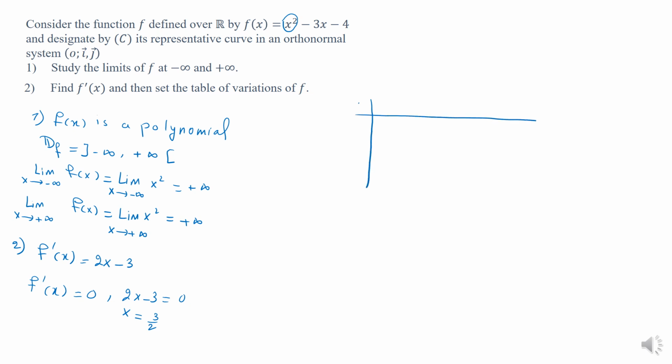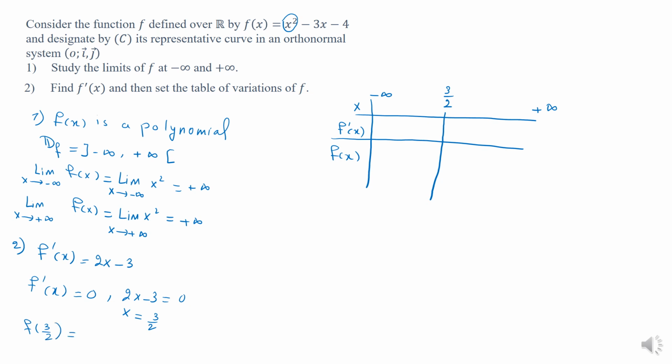Here is x, f prime of x, f of x. x goes from negative infinity to positive infinity, and here 3 over 2. Let's find f of 3 over 2.